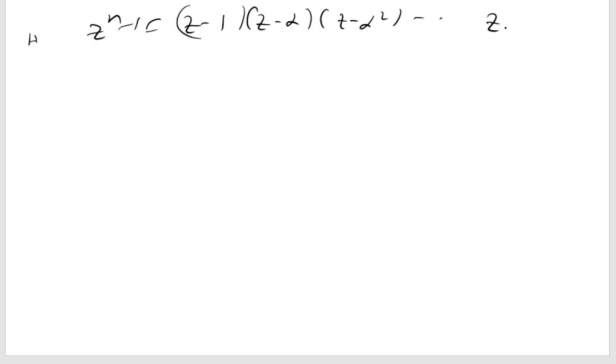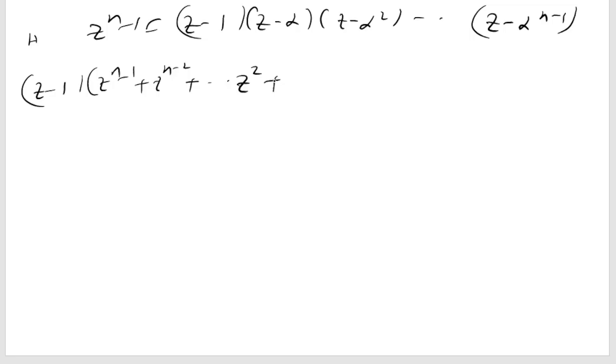So we can say that since z^n minus 1 is equal to (z minus 1)(z minus alpha)(z minus alpha square) up to (z minus alpha^(n-1)), and z^n minus 1 is nothing but (z minus 1)(z^(n-1) plus z^(n-2) up to z square plus z plus 1), and that is same as this one.